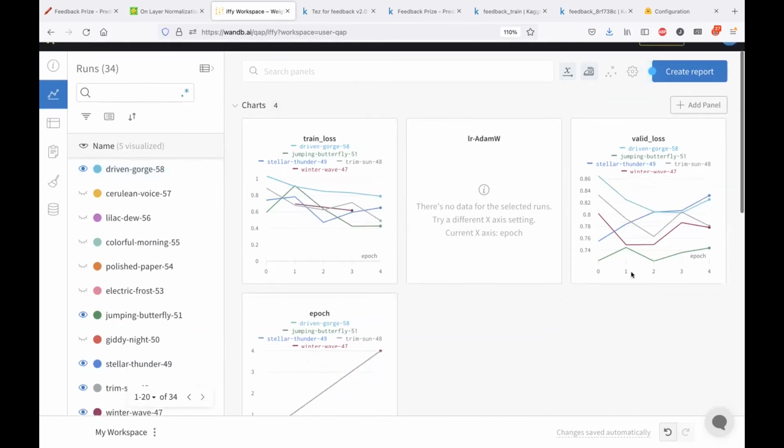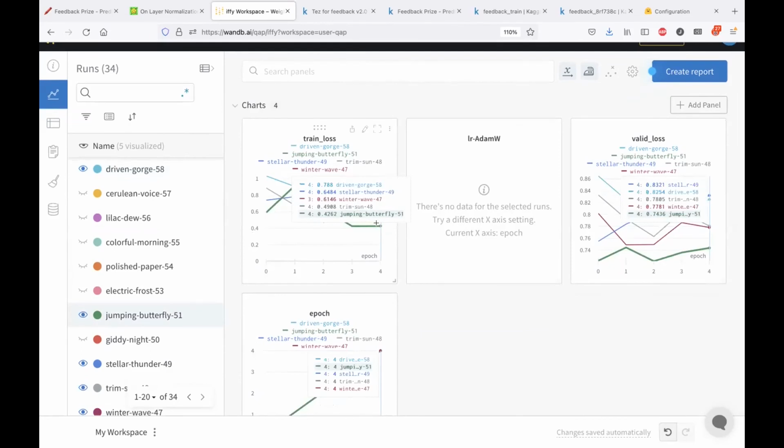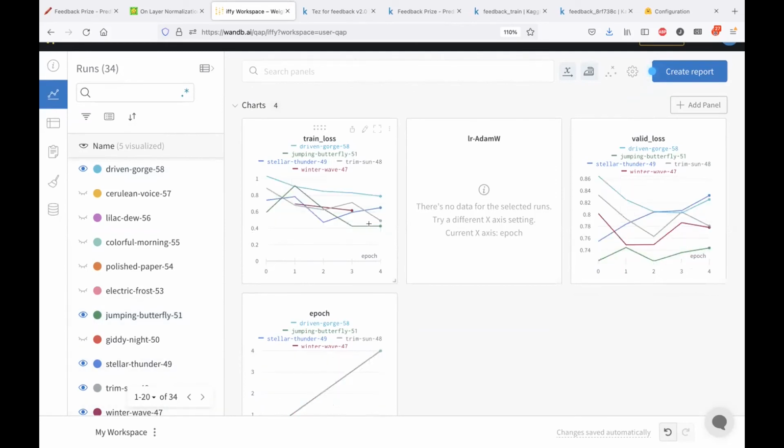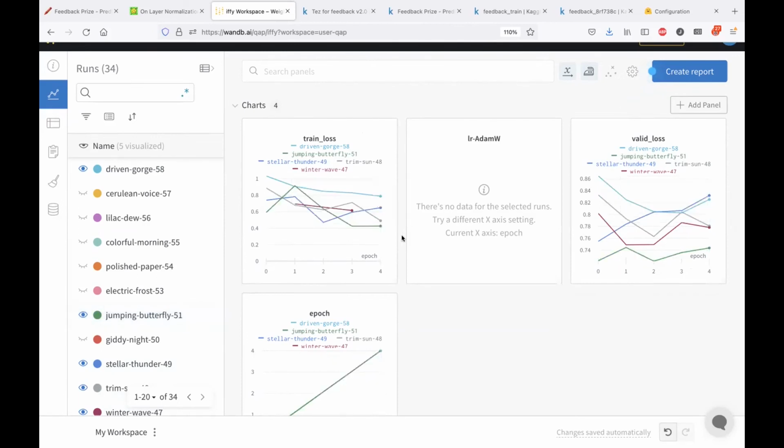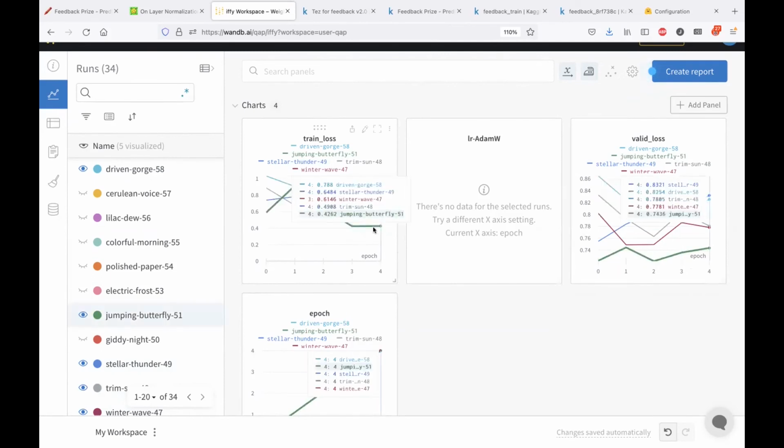Whereas if you're using essays, your final training loss is 0.42, and the final validation loss is 0.7. So in that sense, if you use essay text, it seems like you're overfitting more than if you're using topics information.